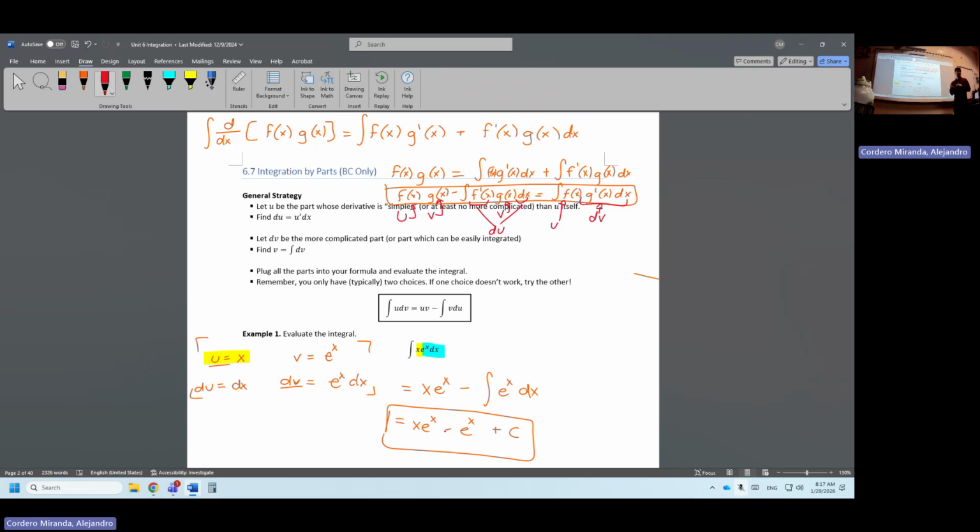Question? Does your dV always have to be, the part that's... Yeah, exactly. Your dV, you're thinking of as my derivative of the second, so that would be the G prime times the dx. Oh, but I see what you're saying.